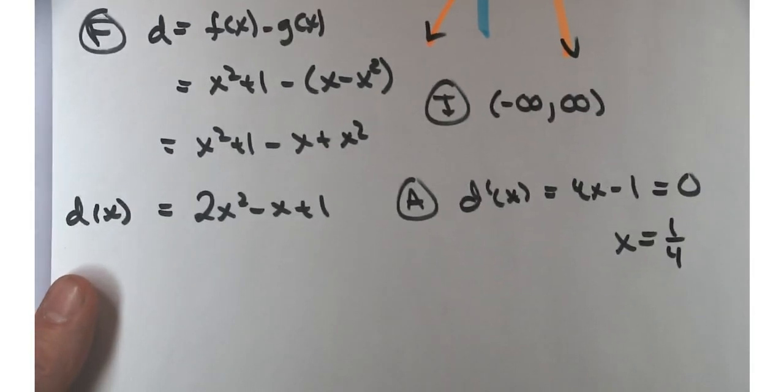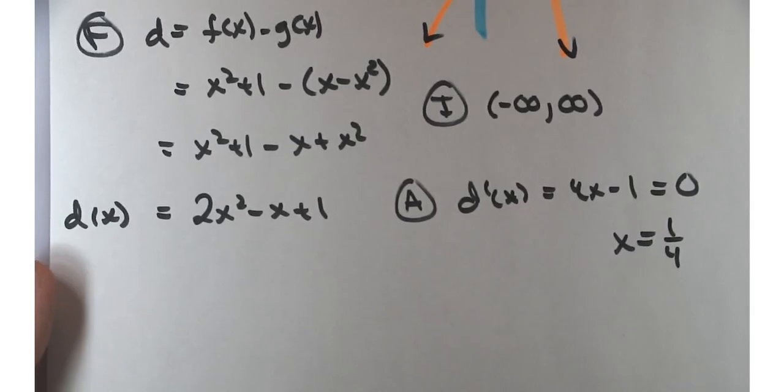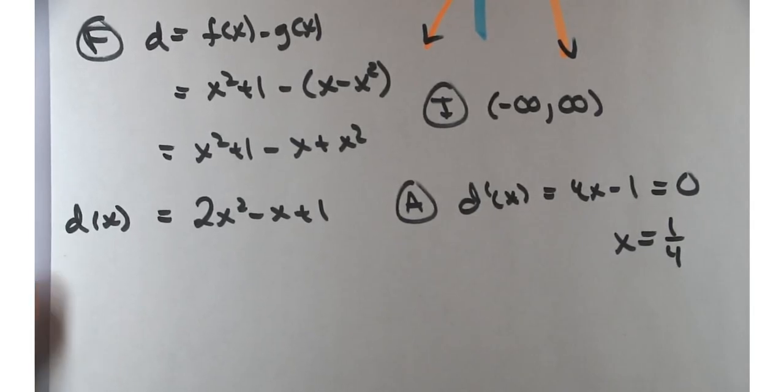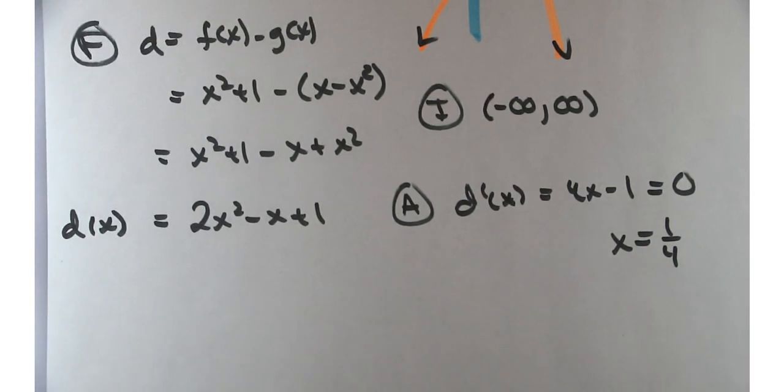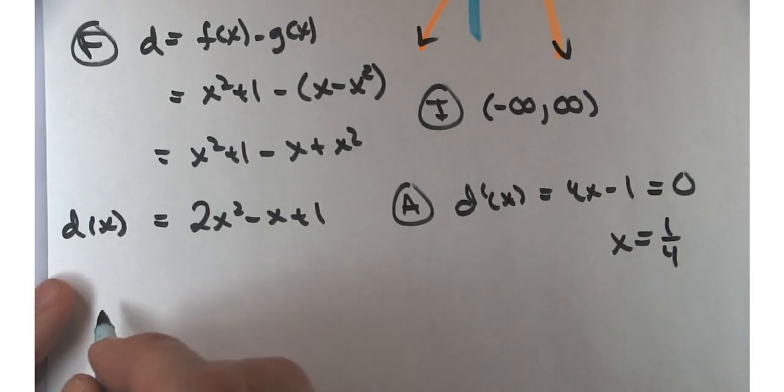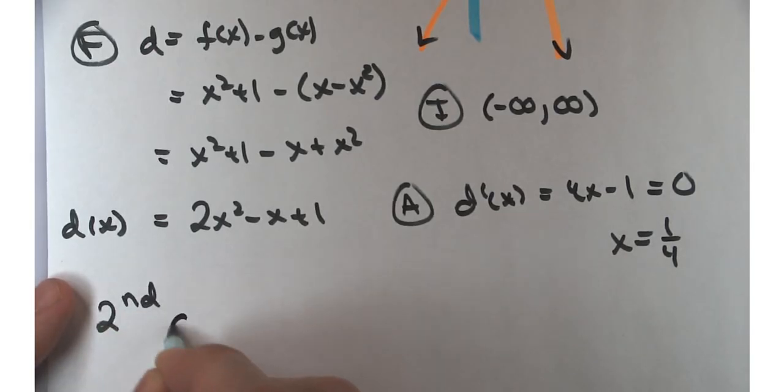Now, I could set up a little table and test values on either side, but let's see if we can't use our second derivative test to prove that this is actually a minimum point. And how would we do that? Well, first of all, I would want to find the second derivative. So second derivative test.